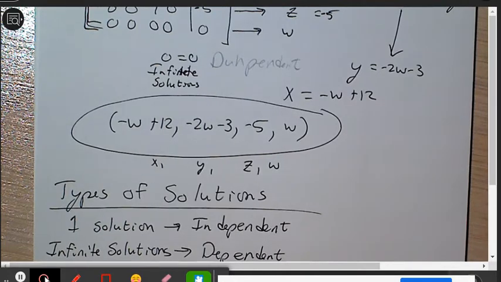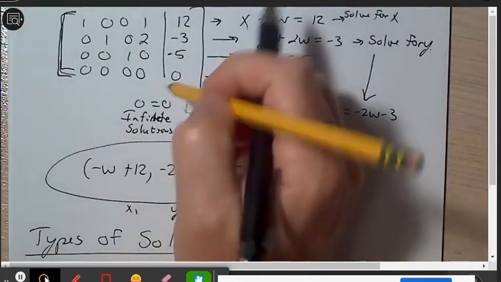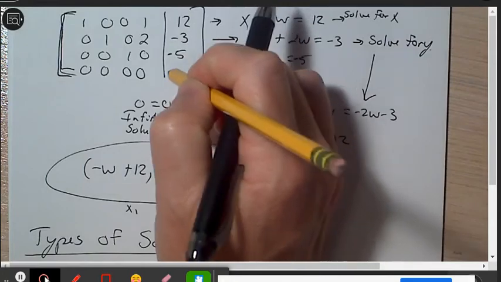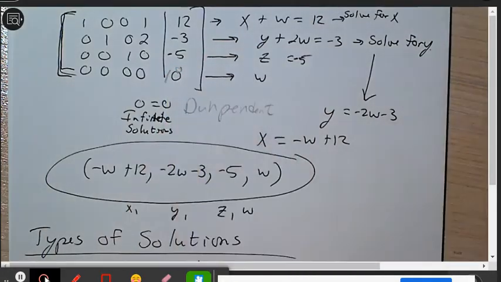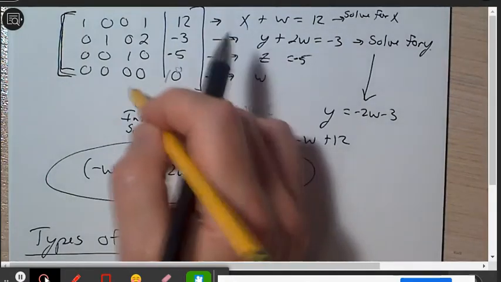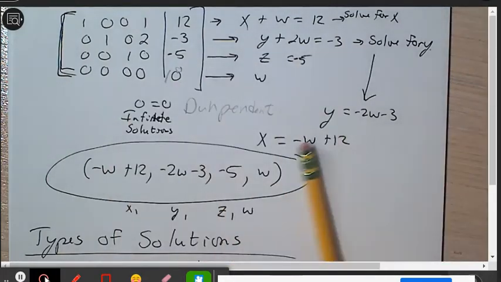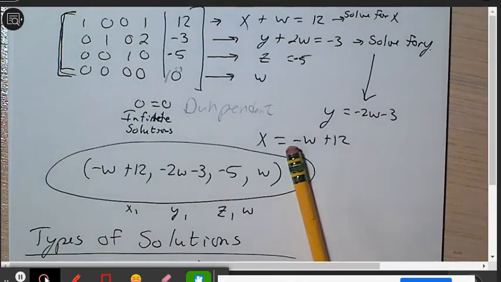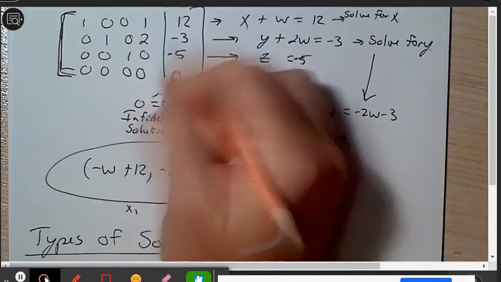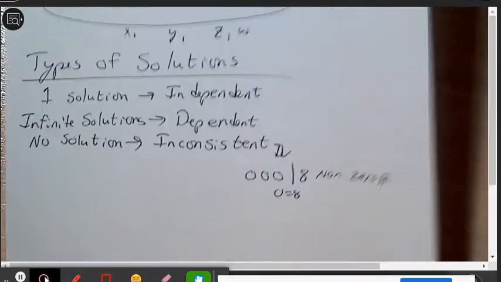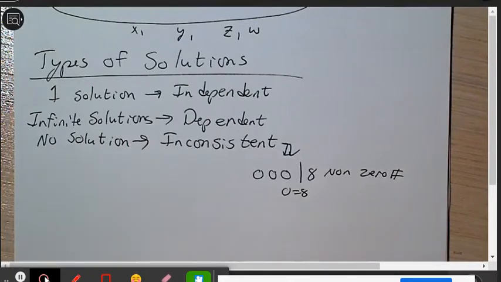And then if one of the rows had, if we were doing the same problem, 0 equals 18 at the end, that would be no solution because there's no way that 0 could equal 18. Okay, so there's your three options of what solutions you may have when you do these.